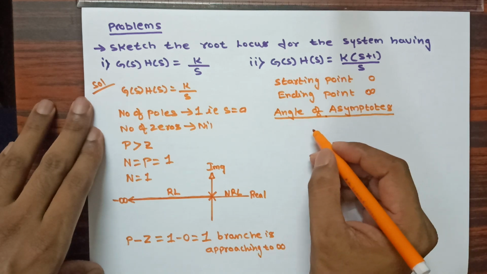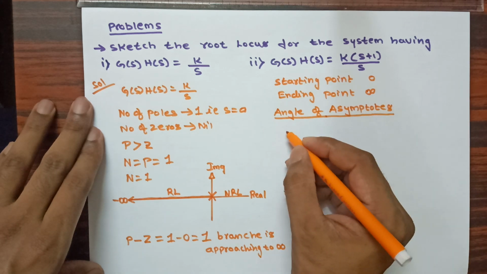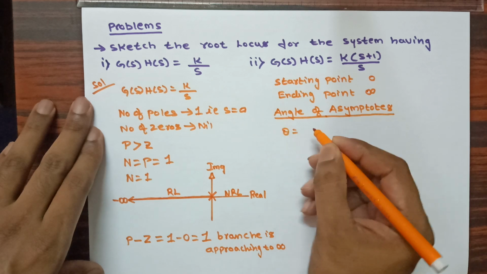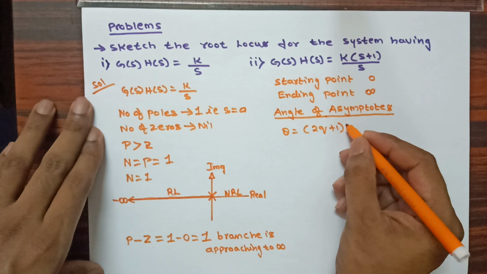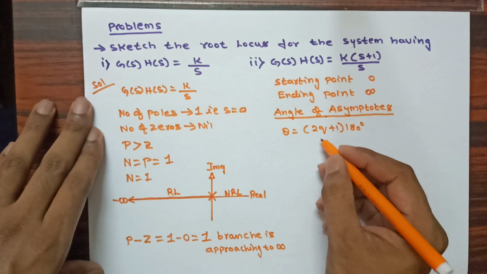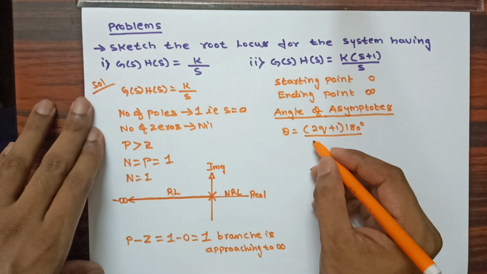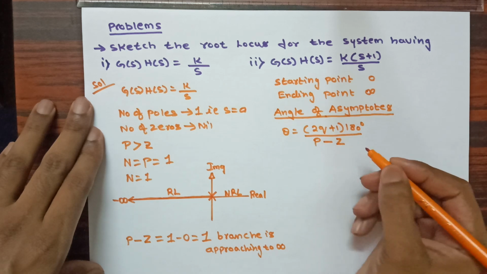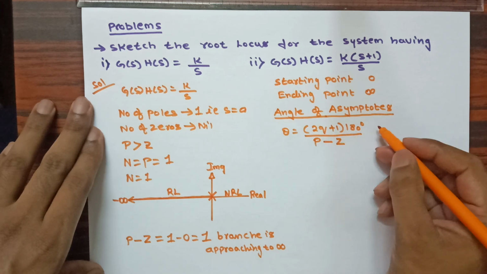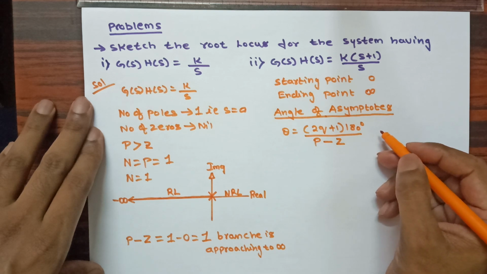To find the angle of asymptote, the formula is theta equals (2q plus 1) into 180 degrees divided by number of poles minus number of zeros, and the q value starts from 0.